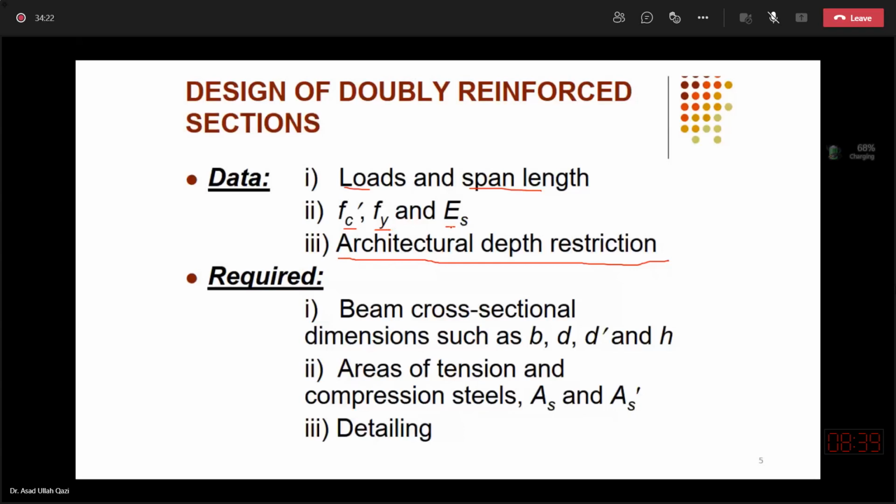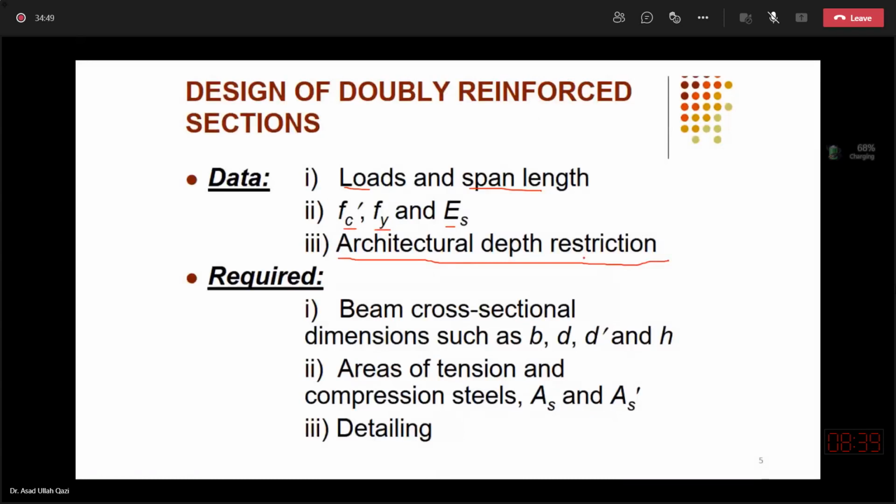You will engage a testing laboratory to get the moduli of elasticity, as well as verification tests for the concrete and steel specimens. In this way, this data will be with you once you start doing calculations for the project. Furthermore, as I said earlier, there is the depth restriction given by the architect.